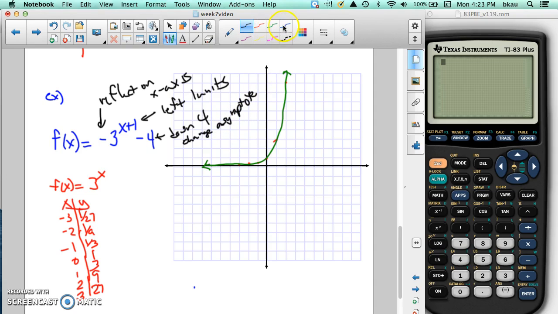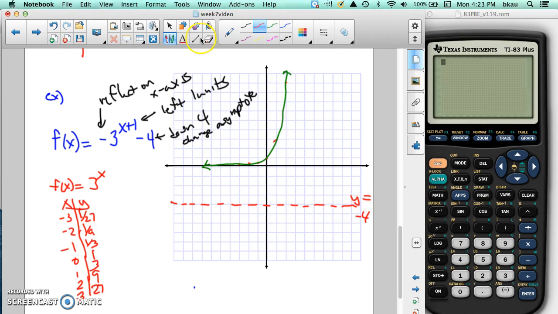So the first thing I would do on this problem is draw my new asymptote, since I know it's going to be changed. So 1, 2, 3, 4. I draw my new asymptote right down here at y equals -4.